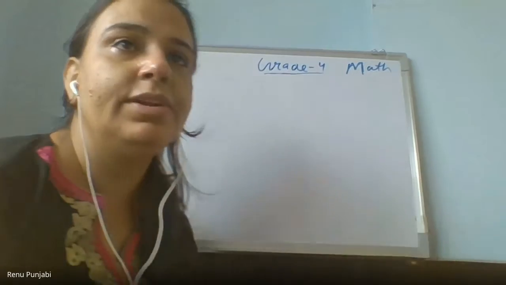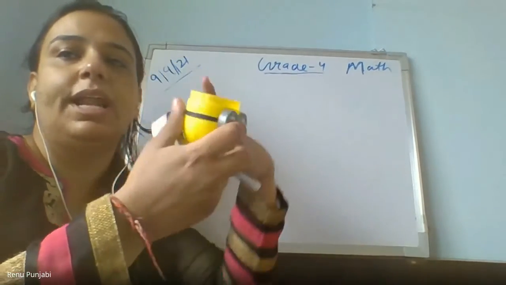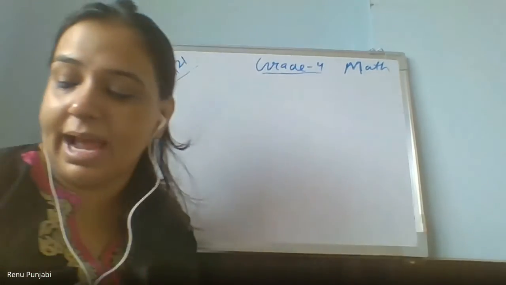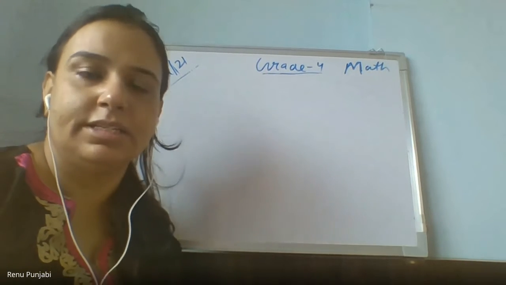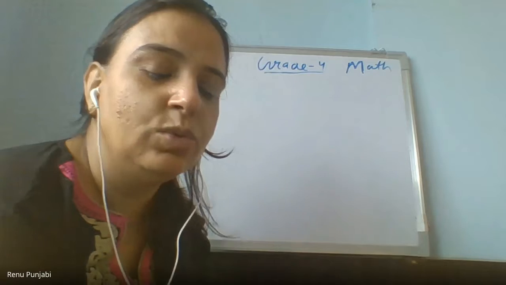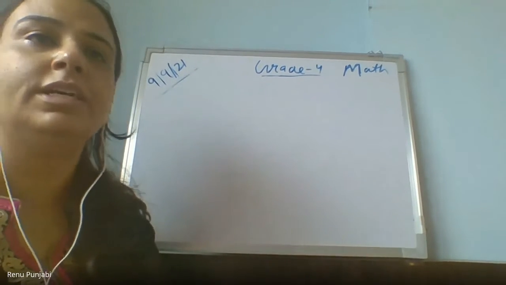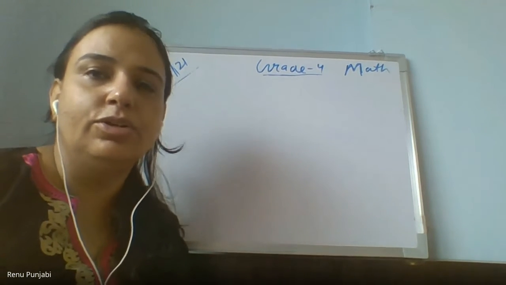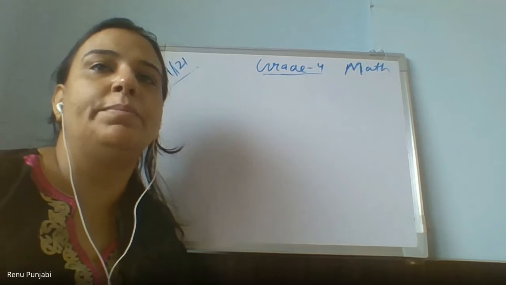Suppose I bring a button or a bangle, so that I can draw a circle with it. The child who brings the maximum things will be the winner of the game. I will say 1, 2, 3, start. You have to move around your house and bring things within 1 minute.